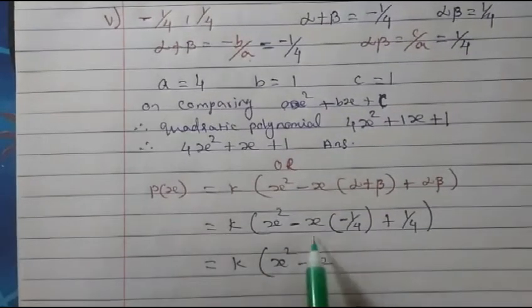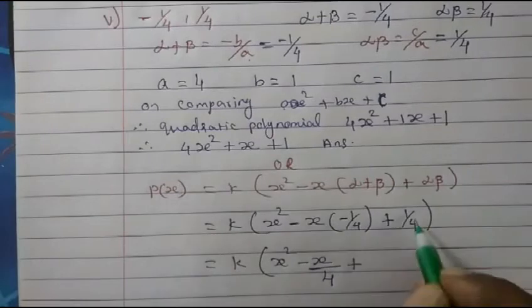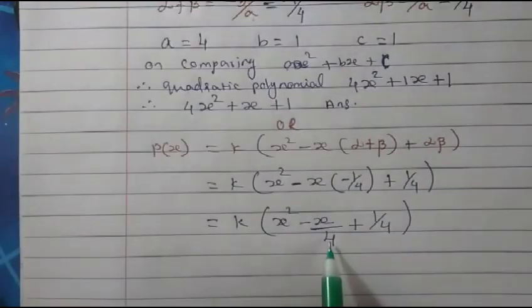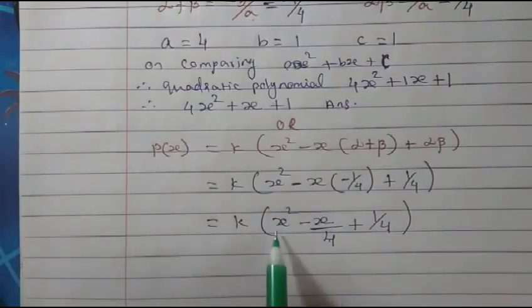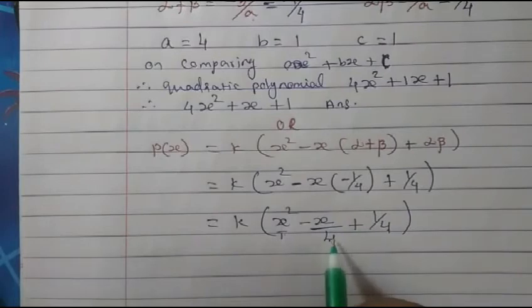Okay. So here you can multiply x into minus 1 will become x upon 4. So here we have plus 1 upon 4. Now you see in the denominator we have 4 here, we have 4 here, but here we don't have anything in the denominator. So we have to see that we get 4 here also. So we consider that there is a 1. So we want 4 here also.